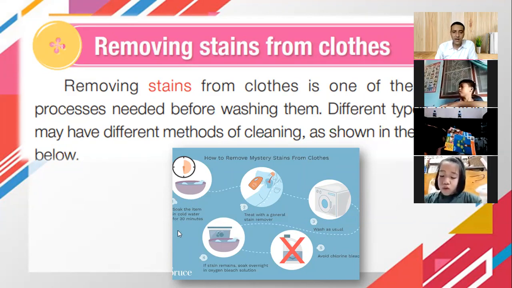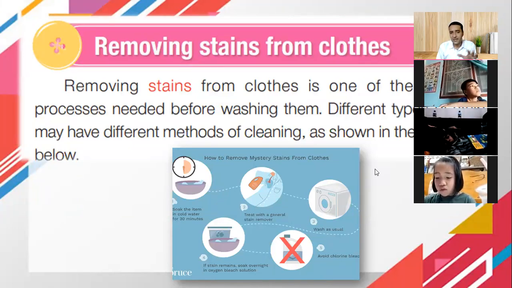Step number one, soak the item in cold water for 30 minutes. So if we have a menstrual stain, the first step is to put the item in cold water for at least 30 minutes.